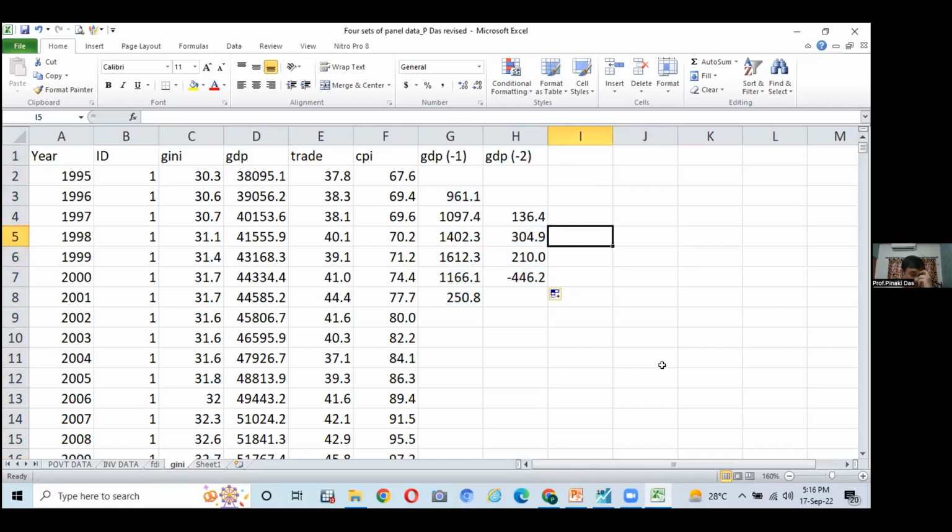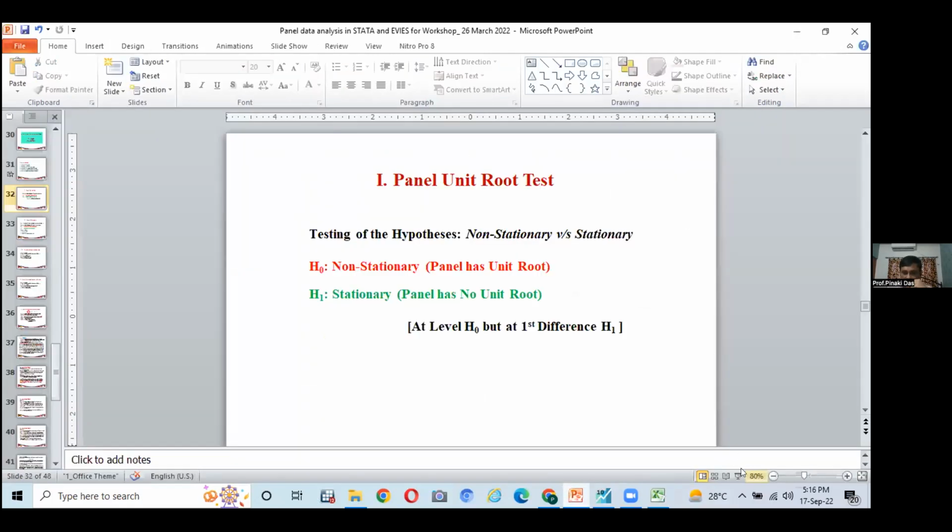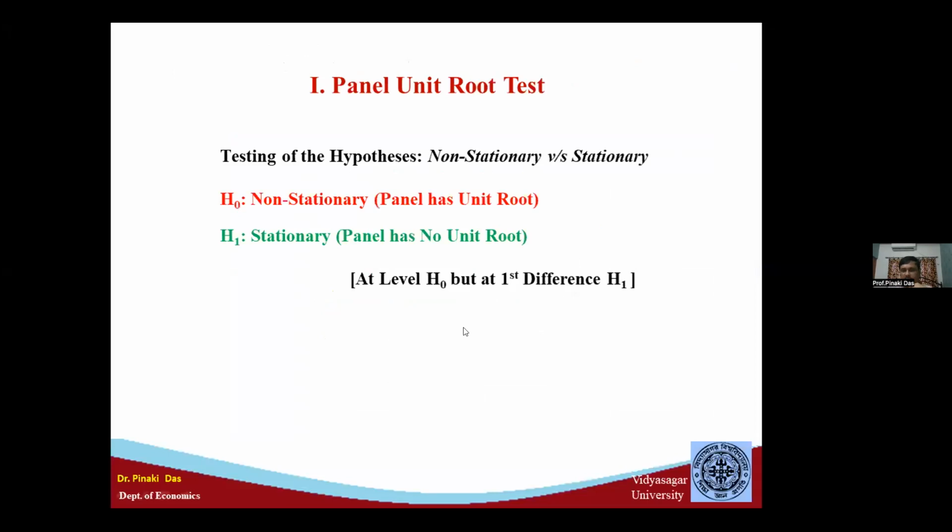Now we come to the particular theory, that is the panel unit root test. In the panel unit root test, the null hypothesis is non-stationary and the alternative hypothesis is stationary.